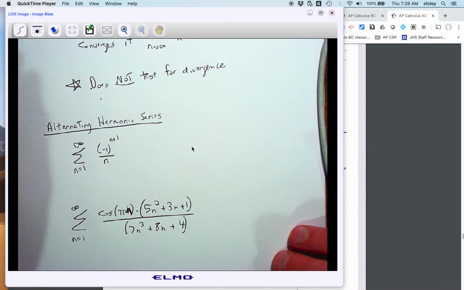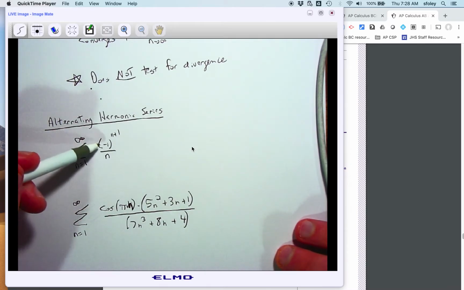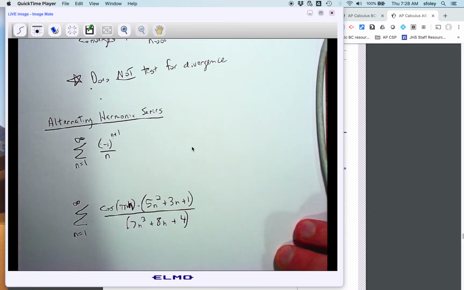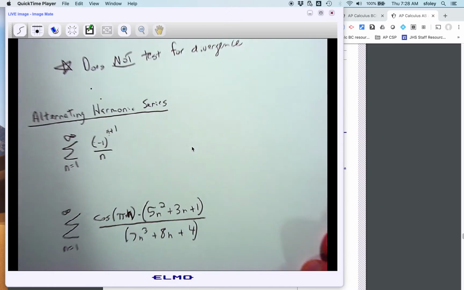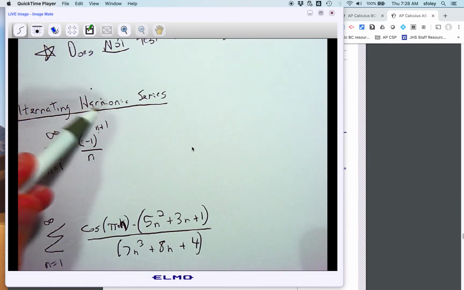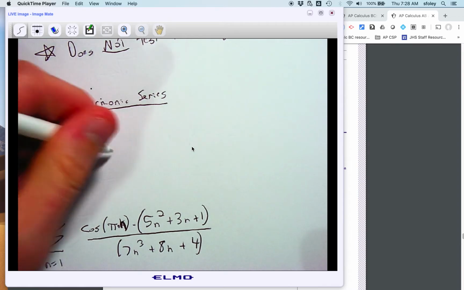In the last video, we talked about the harmonic series. This is the alternating harmonic series. Notice the little tweak here, n plus 1 instead of n in the standard format. All that does is change whether the first term is positive or negative. So when n equals 1, 1 plus 1 is 2, -1 squared is positive 1.